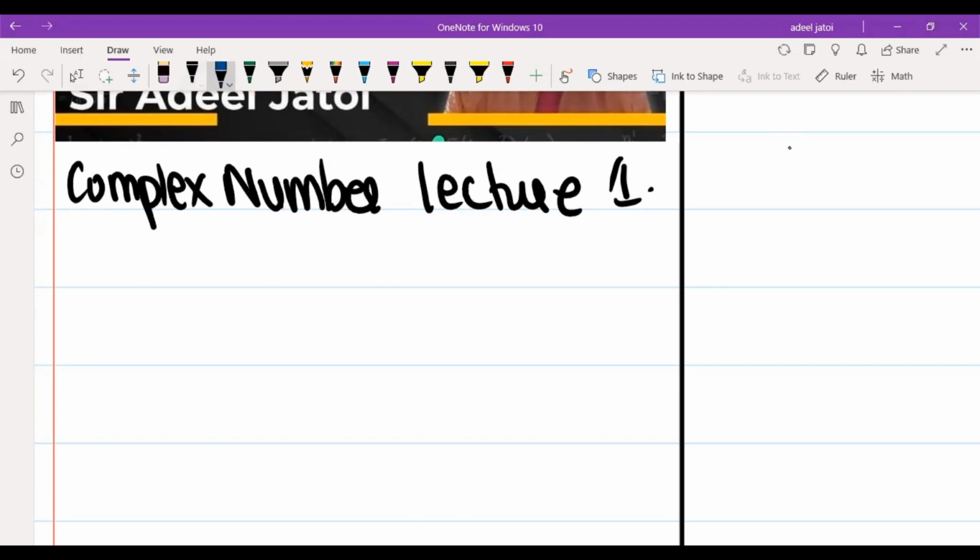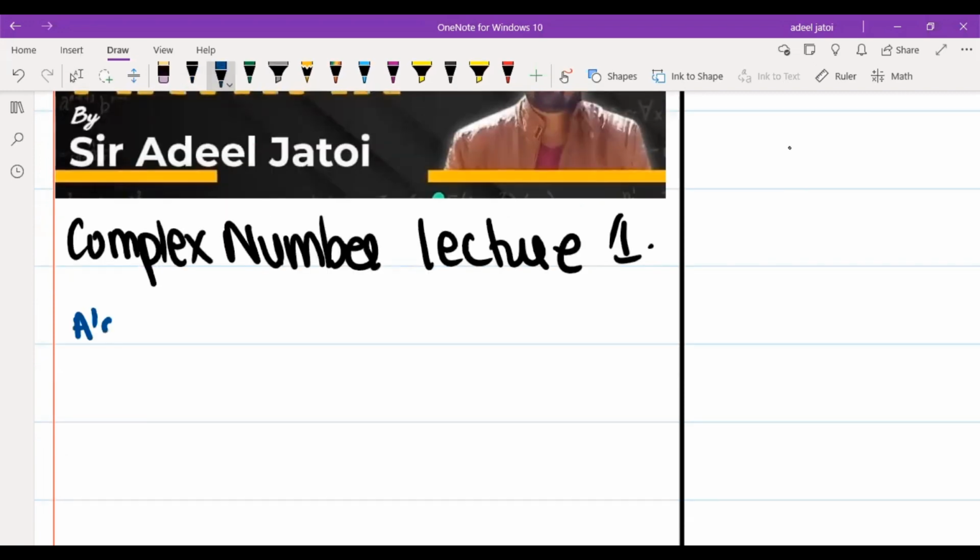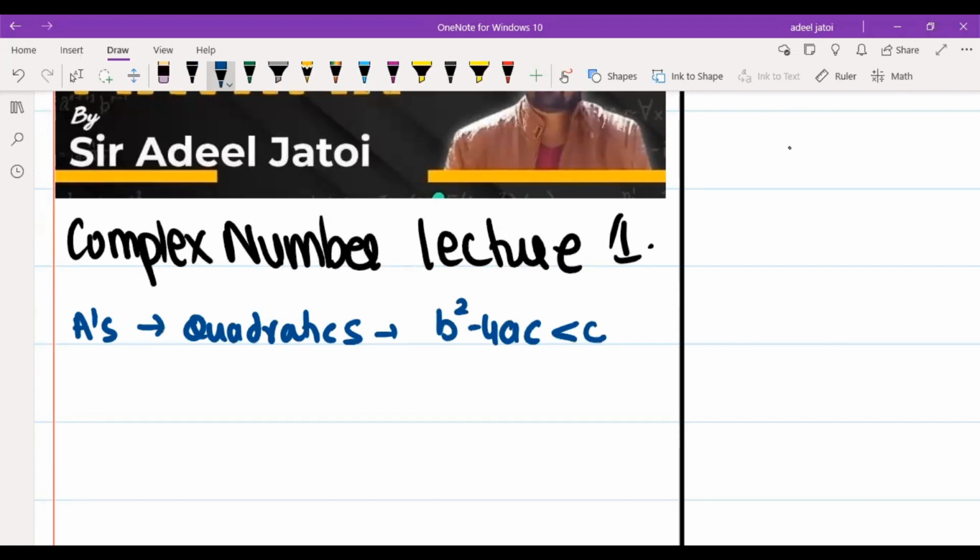where in quadratics, you used to have b square minus 4ac less than 0.